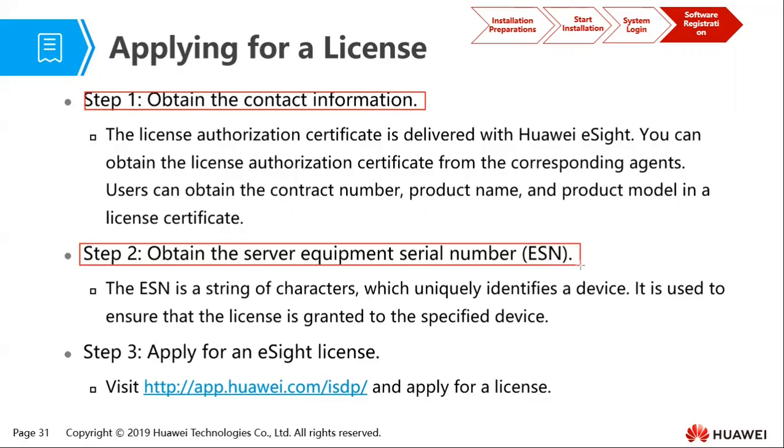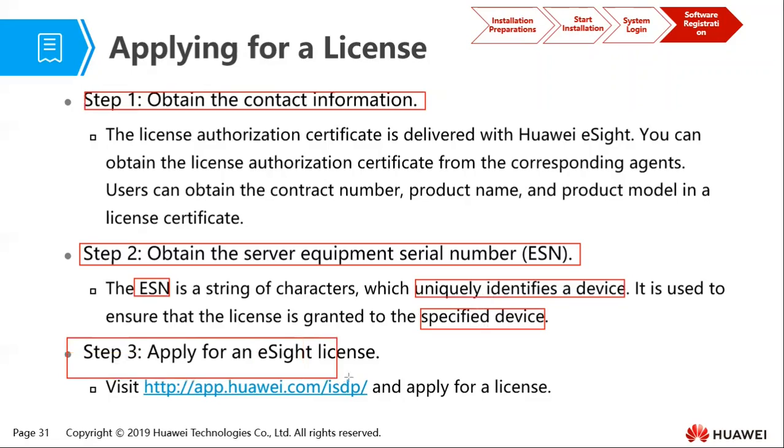Then you're also supposed to obtain the server equipment serial number, what is normally referred to as ESN. This is used to uniquely identify the device. It is used to ensure that the license is granted to the specified device. That means that if you want to reinstall eSight to a new server, you'll need a new license. So that's one thing you should know.